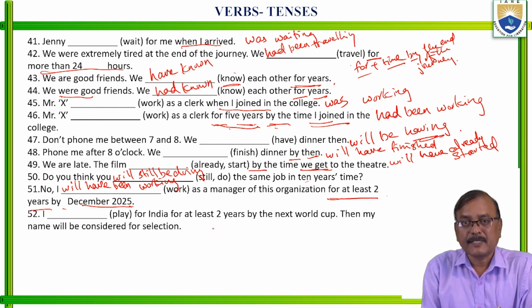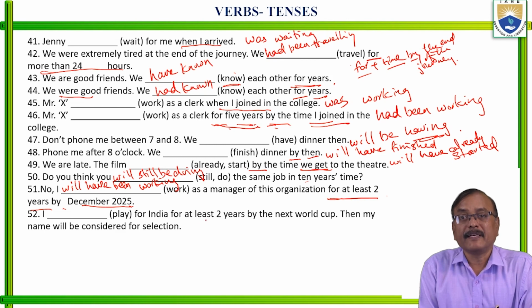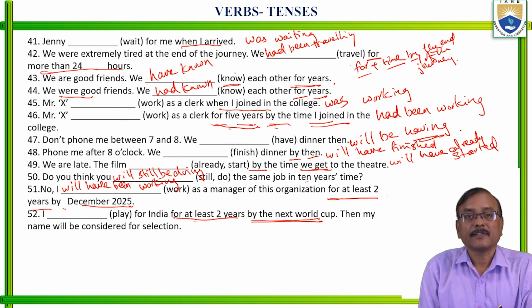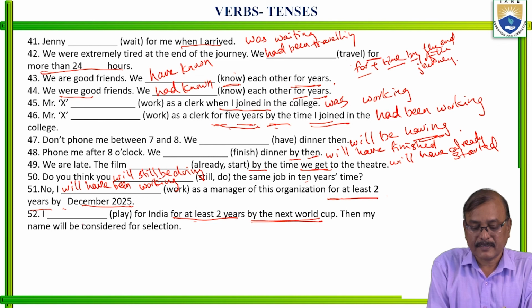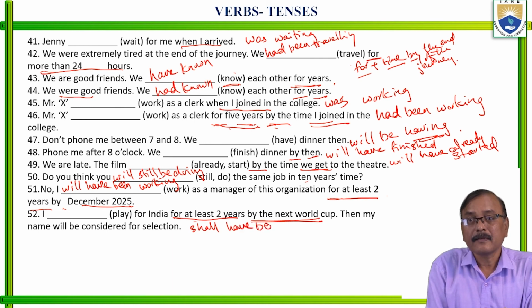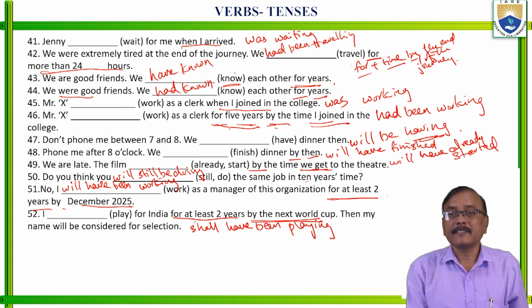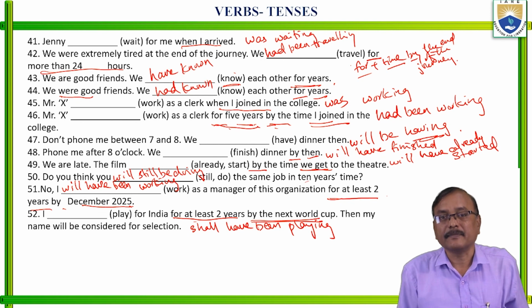Now let us come to this one. I dash play for India for at least 2 years by the next World Cup. Here also, for plus time by future, future perfect continuous tense. I shall have been playing for India for at least 2 years by the next World Cup.